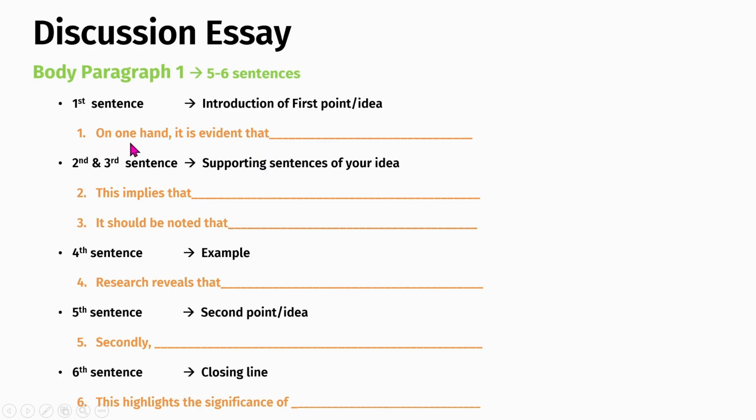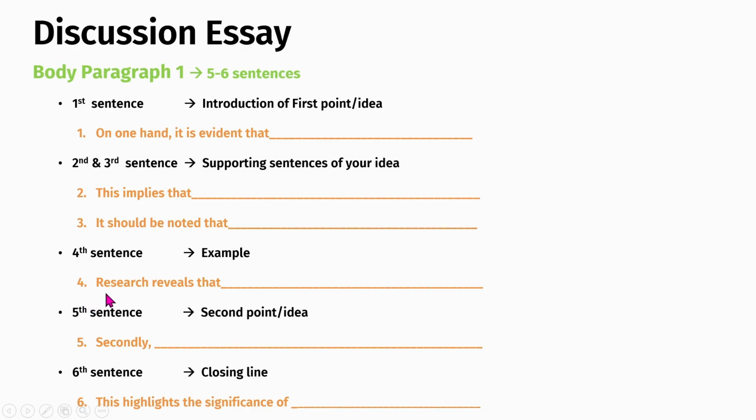So now in the first line we have introduced a point, in lines 2 and 3 we have supported that point. Now going to the fourth sentence, we have to provide an example for this. Even though in the question it is not asked to provide an example, it is mandatory that you should provide an example. So let's provide an example.